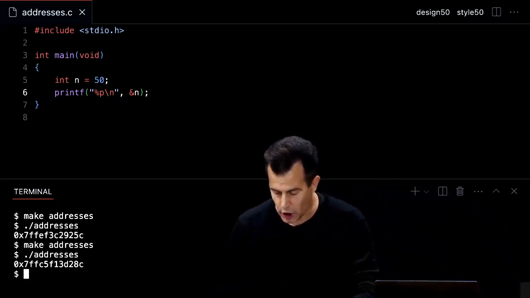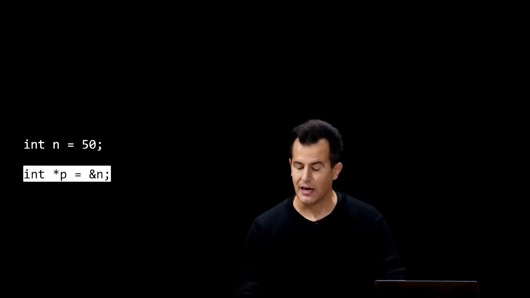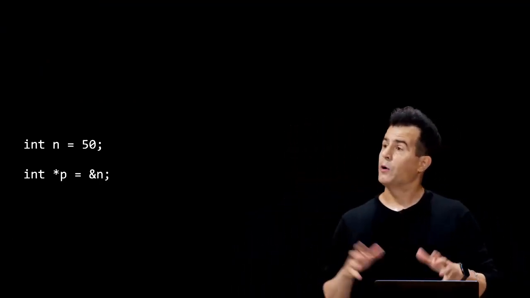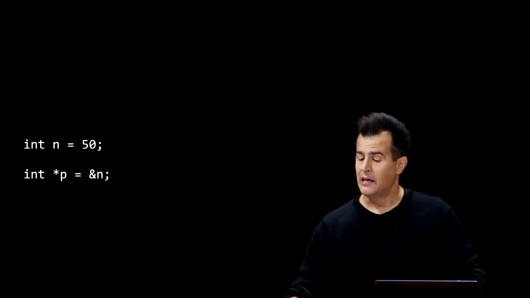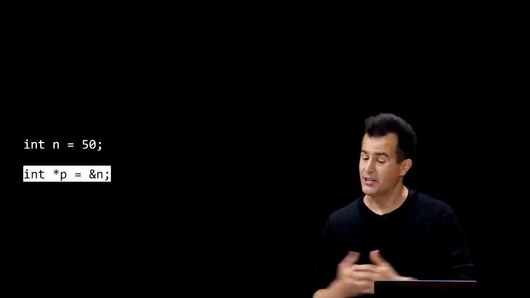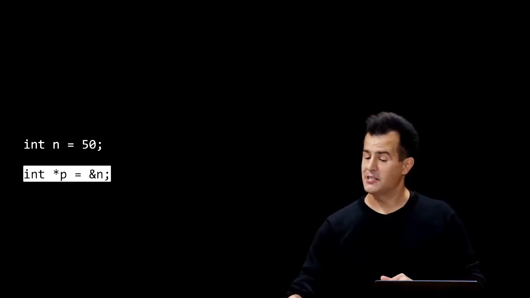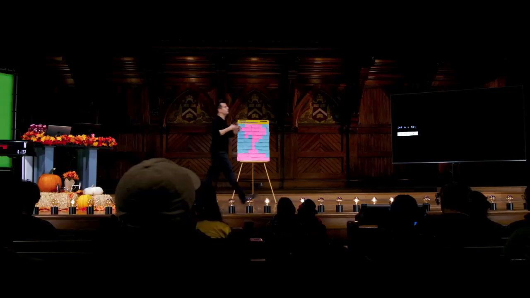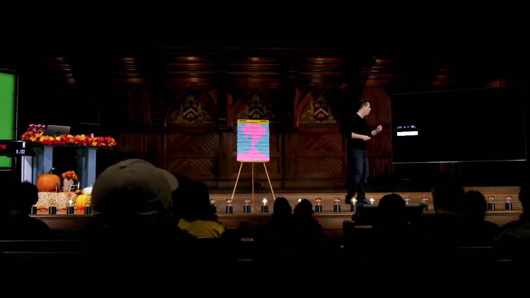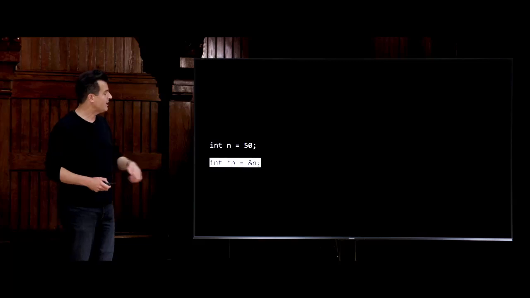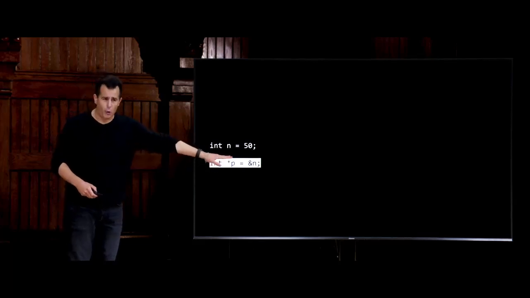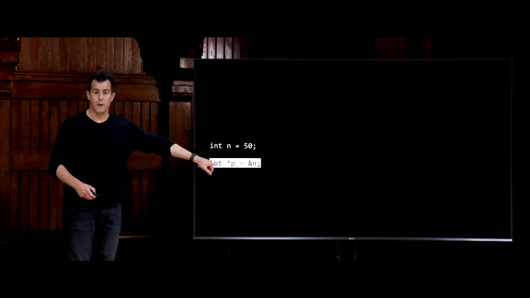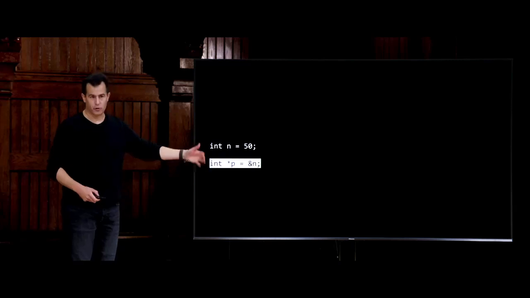All right, so just to recap what these lines of code are doing, previously when I had both n and p, this latter line is just asking what's the address of n, storing the address thereof in this variable p. But there's some disagreement in the world as to how you should write this syntactically. And just so you've seen it, in case you see a video or a tutorial or a book that disagrees, this is really the conventional way to write the star that means, hey, computer, this is a pointer to an integer, the address of an integer.